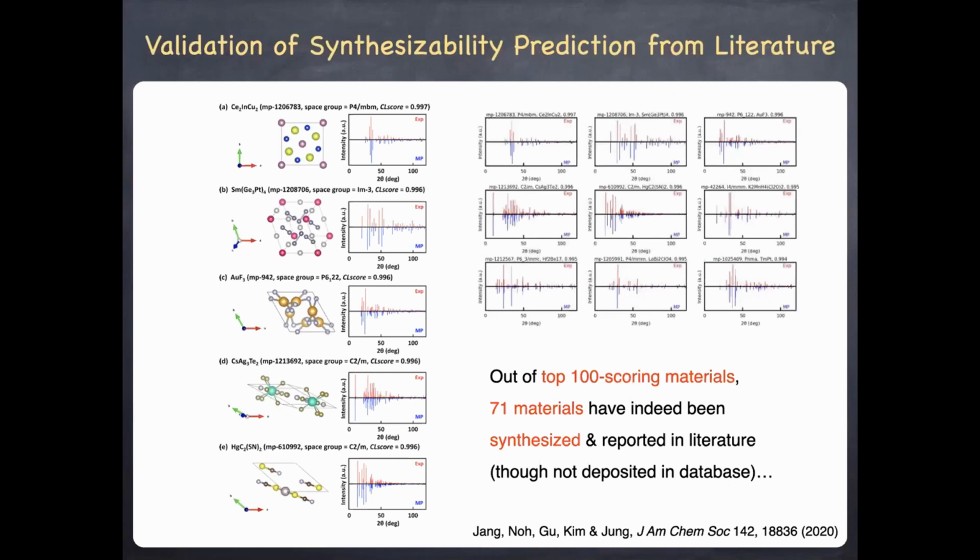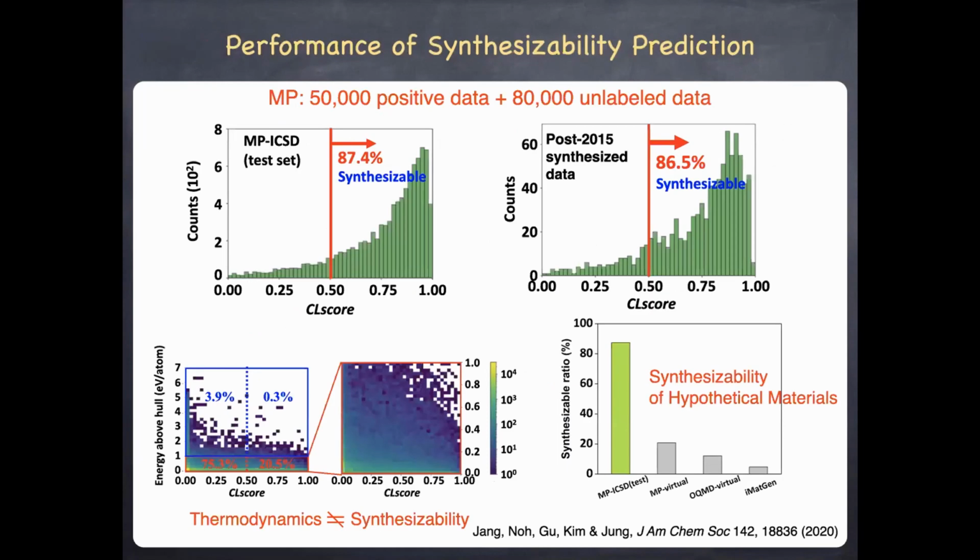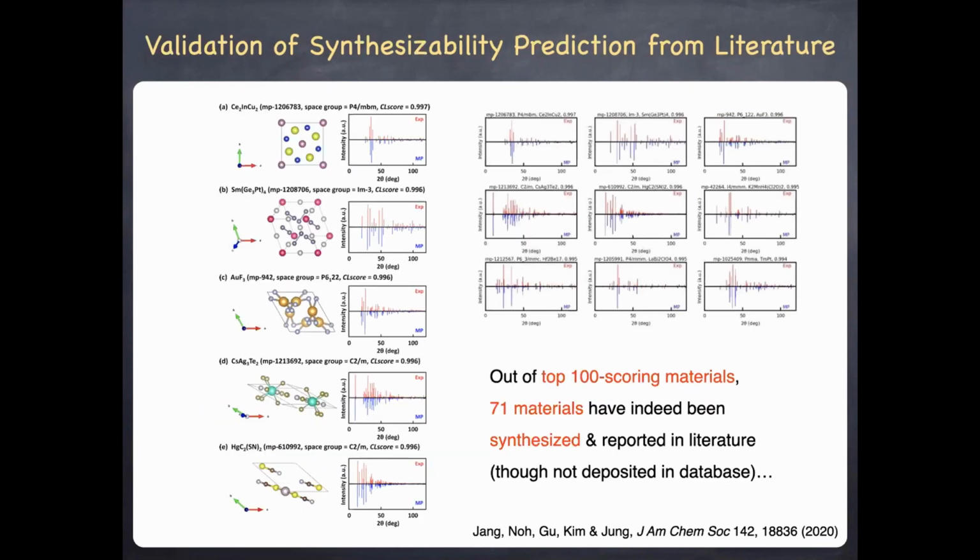And then as a further validation, out of 80,000 unlabeled hypothetical materials, we took the top 100 scoring materials and saw if any of them has been reported to be synthesized, although they have not been deposited in the database yet.